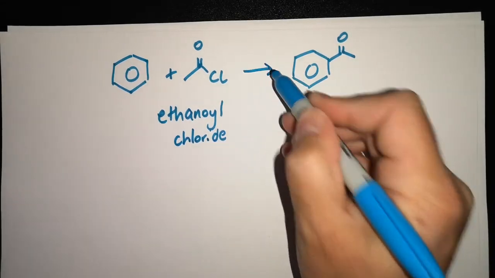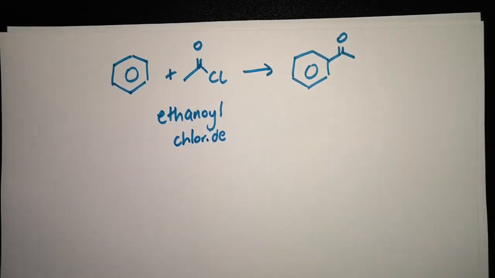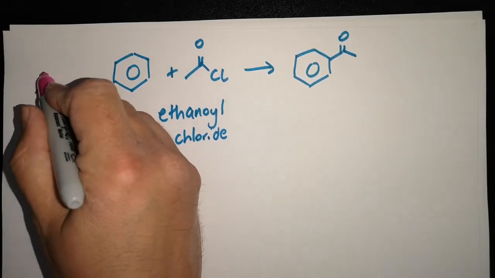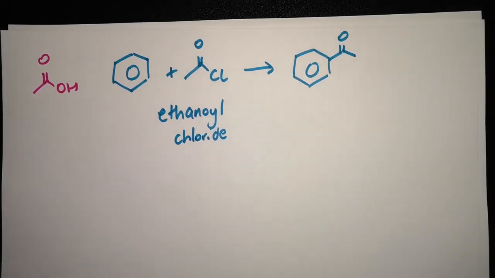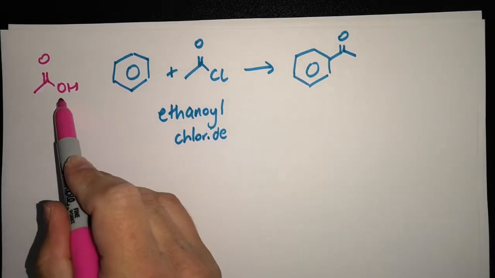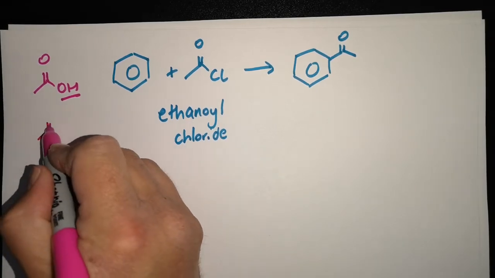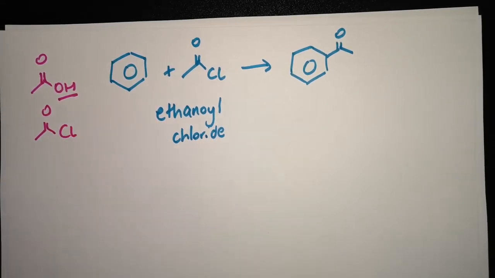Okay, you probably haven't seen that before, but you might have seen, or you should have seen, a carboxylic acid, and you might be able to see how it's related. Just to remind you, the carboxylic acid, ethanoic acid, would look like that. So you can almost imagine the OH being replaced by a Cl to form that. You will come across these type of compounds quite a lot in year 13.